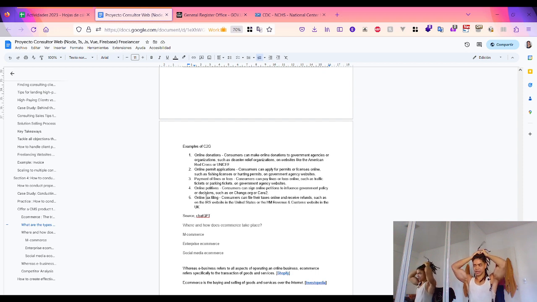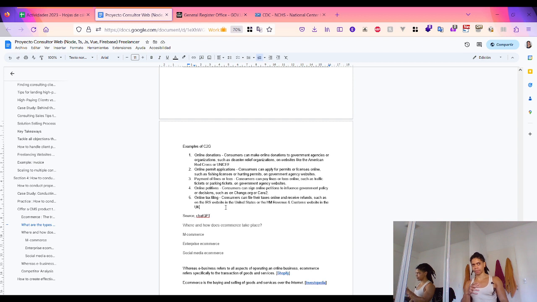Consumers can sign online petitions to influence government policy or decisions, such as change.org or Care2. Online tax filing. Consumers can file their tax online and receive funds, such as the IRS website in the United States or the HM Revenue and Customs website in the UK. So these are examples of consumers to government.